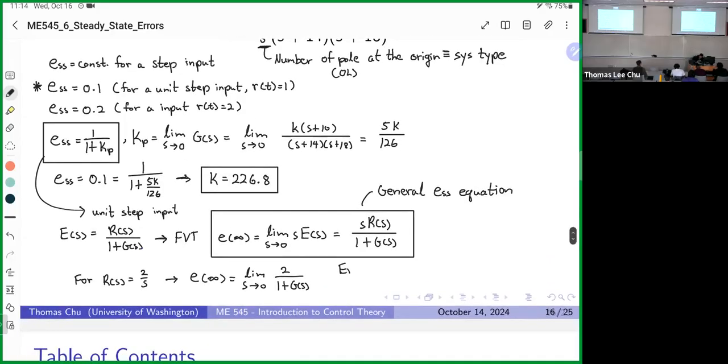So this is error for the closed loop system, but we're using the open loop transfer function to calculate the error. Okay, that's why H of S isn't there. Okay, thank you. No problem. So using the open loop transfer function to find the error of the closed loop transfer function.